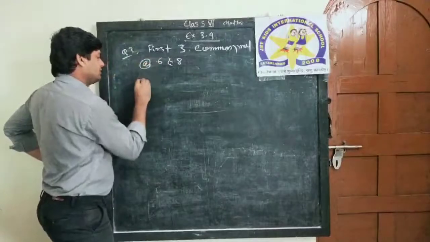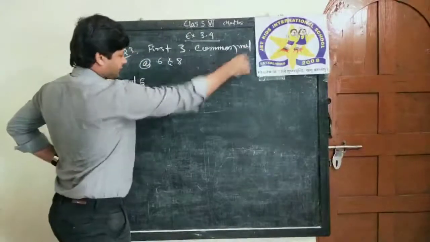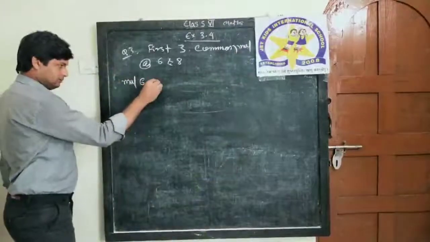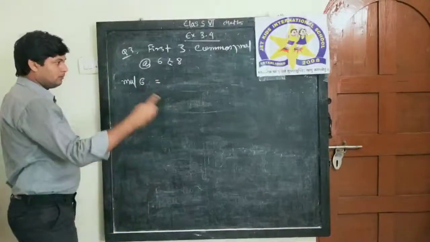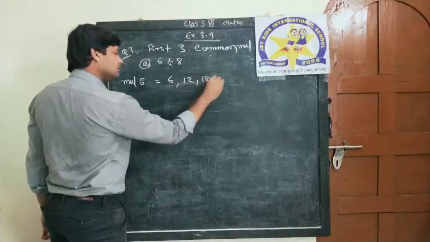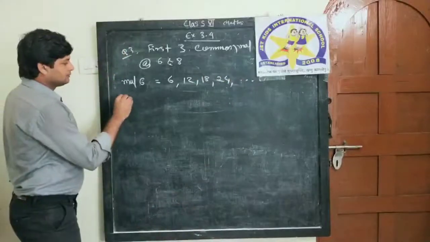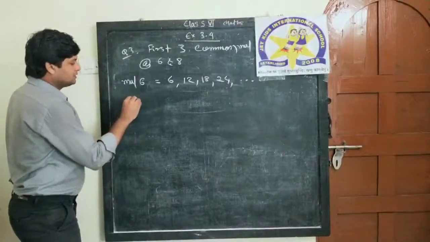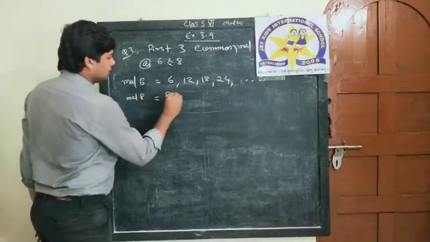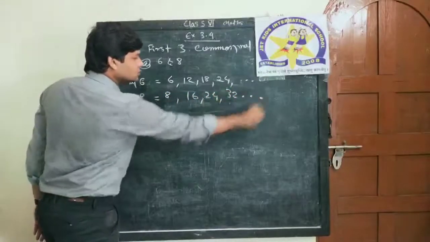So, multiples of 6. We are dealing in multiples. Multiples of 6: 6, 12, 18, 24 and so on. Then multiples of 8: 8, 16, 24, 32 and so on.